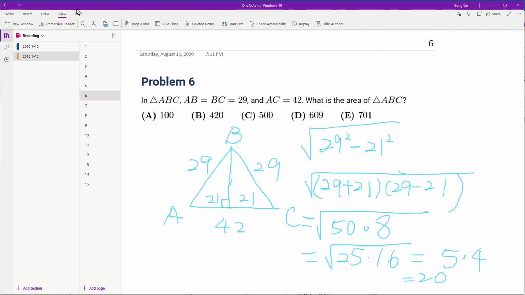So the height is 20, and the area of ABC is 1/2 of 42 multiplied by 20 equals 420. Answer is B.